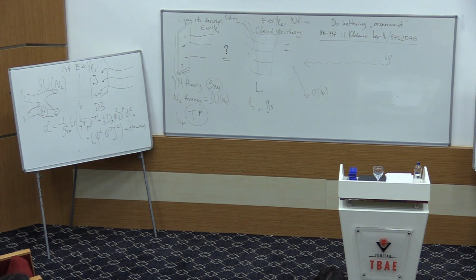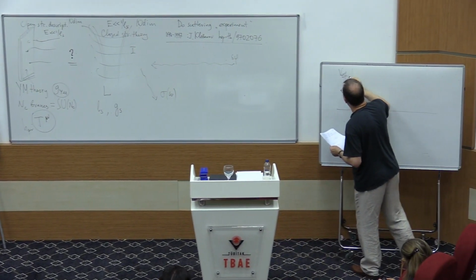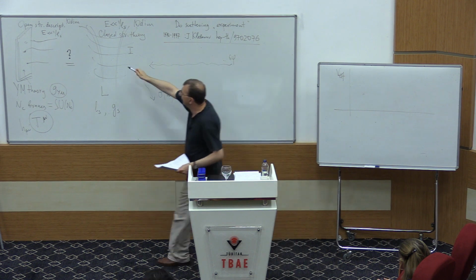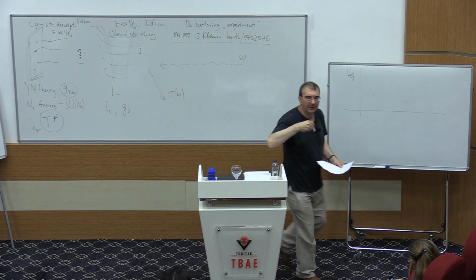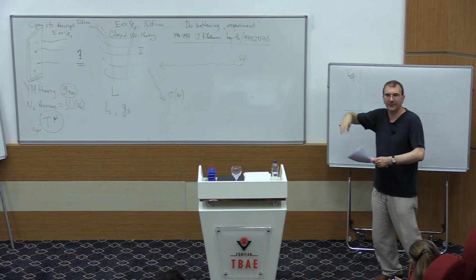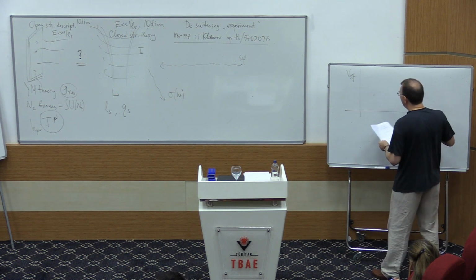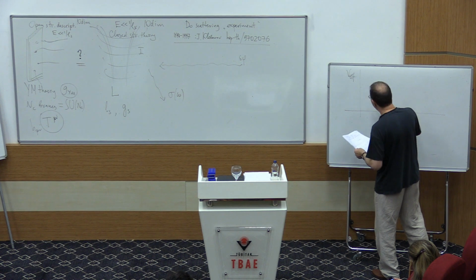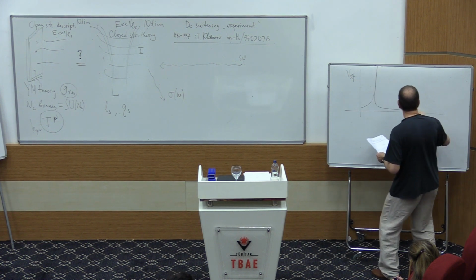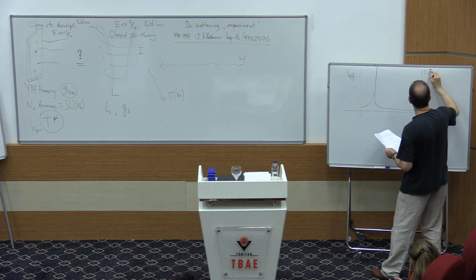If you do the scattering, you encounter some sort of effective potential in this closed string picture. You write down your equation in the form of a Schrödinger equation, and there is some effective potential with an interesting property: at low energies it has a sharp peak, and then it goes flat. This is all in 10 dimensions.